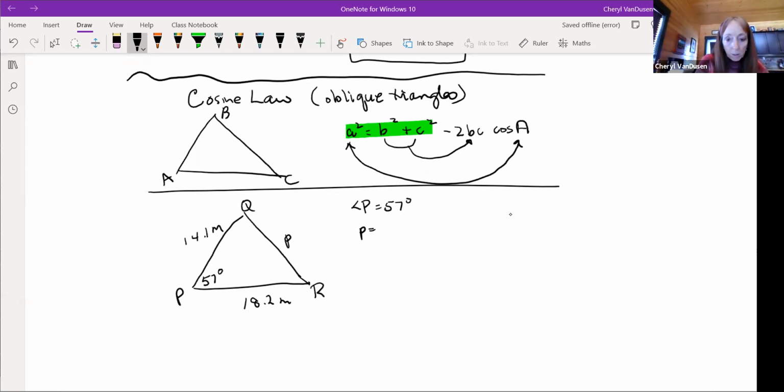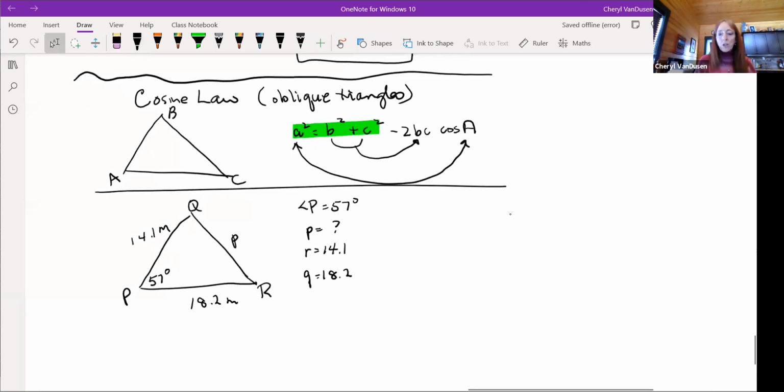We don't know side P, so we don't have anything matching there. And then we know side R is 14.1. And then we know side Q is 18.2, sorry. See the problem here? We don't have P and P, or R and R, or Q and Q. That's why this is not a sine law question. This is a cosine law question, okay?